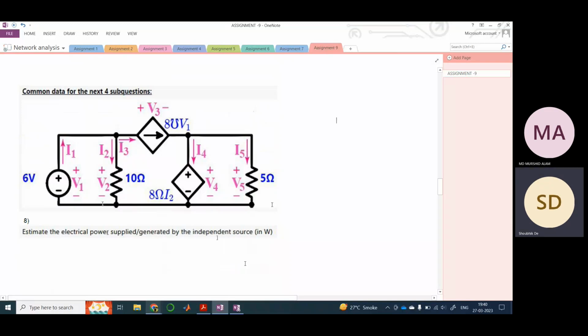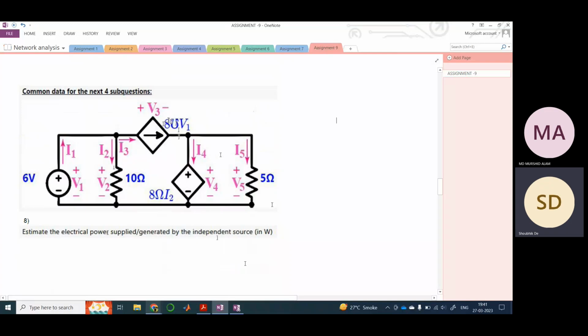So here clearly you can see in this circuit we have one independent source of 6 volt and there are two dependent sources. This is this current source and this voltage source, right? And this is 8 sigma, Ohm inverse. Why 8 ohm inverse? Because this is voltage by resistance, and inverse of resistance is conductance, which is sigma, right?